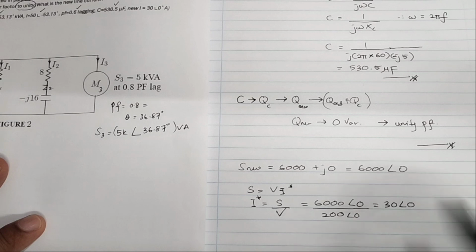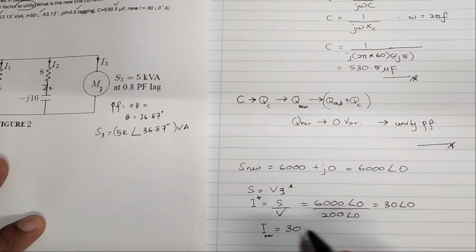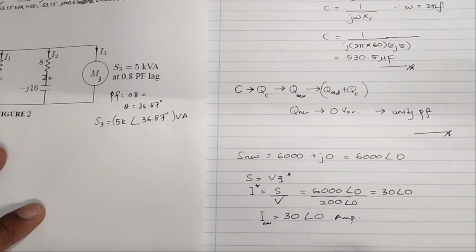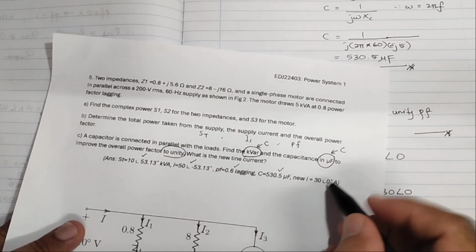Sudut kosong. So, bila sudut kosong, conjugate tak ada efek lah sebab dia positif pun kosong, negatif pun kosong. So, I dia adalah I new dia lah. I new ataupun I after improve. Okay, I after improve. Titik sudut 0. Okay, boleh. So, I new titik minus 0.